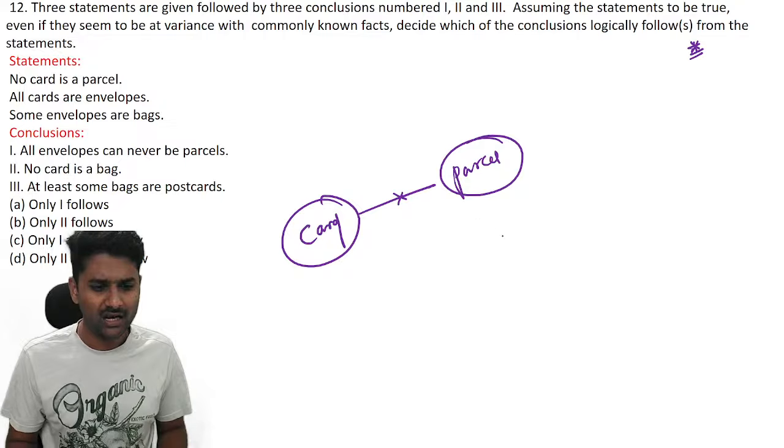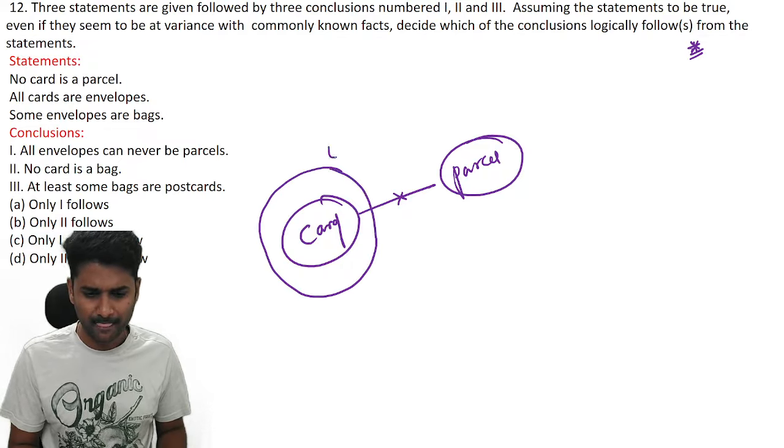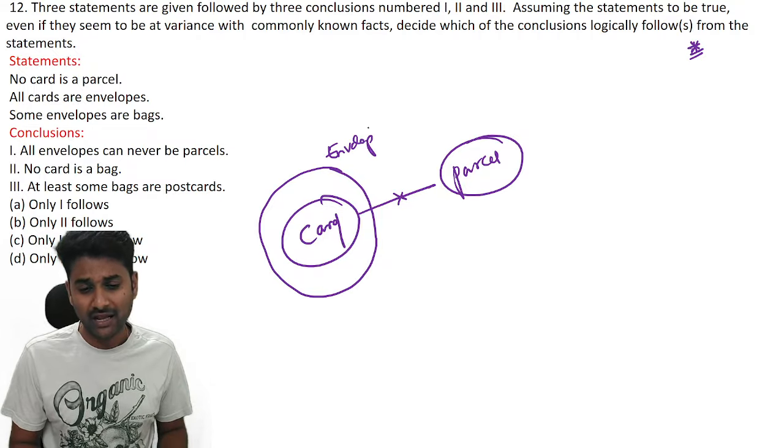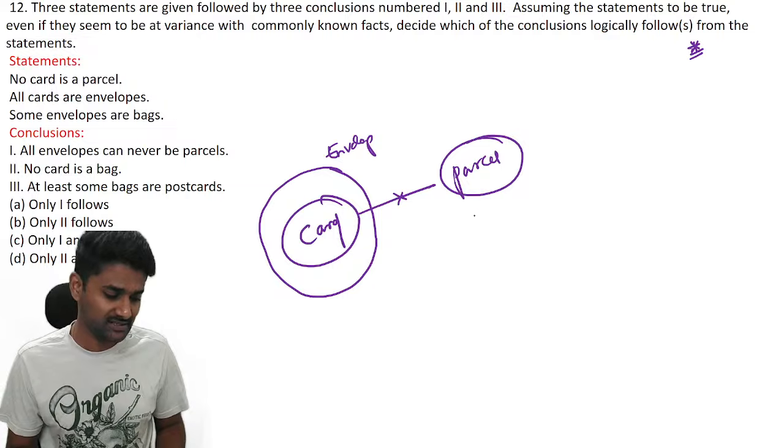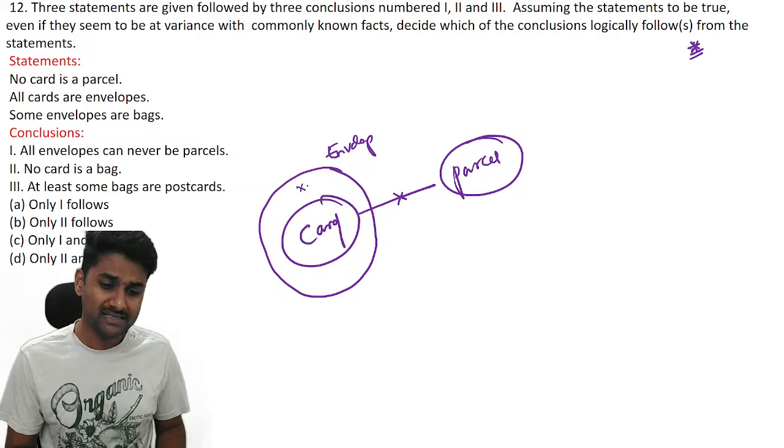And the next one, all cards are envelopes. Guys, remember that you cannot place all envelopes into the parcel. Reason: if you pick all envelopes, you will get cards. If card is there, you cannot place it with the parcel. But you can place some portion of envelopes into the parcel.